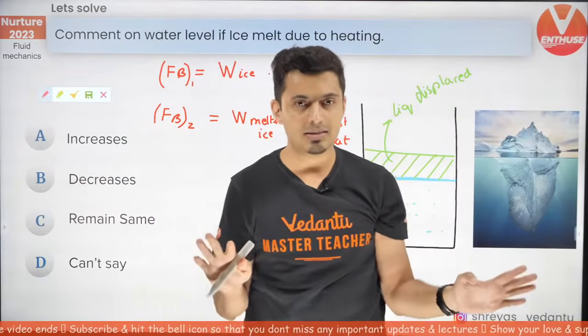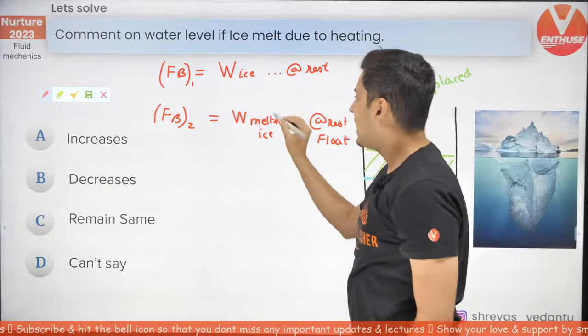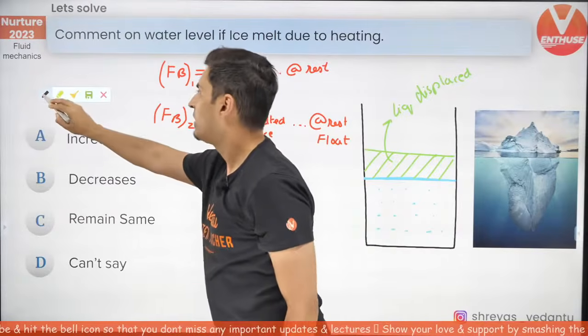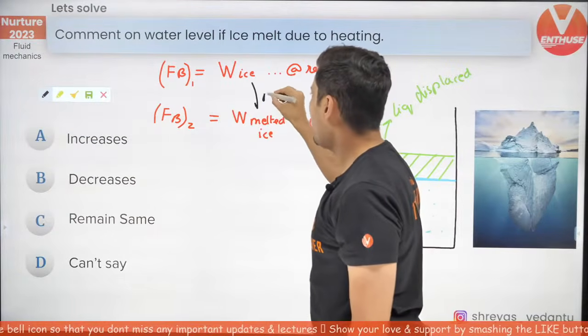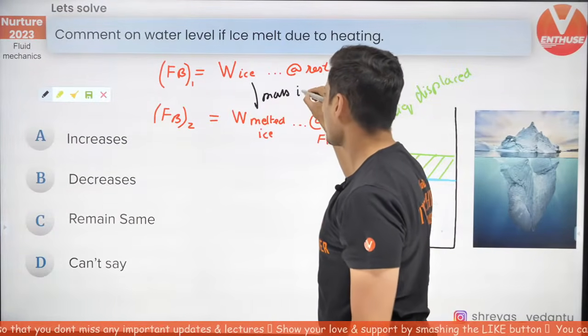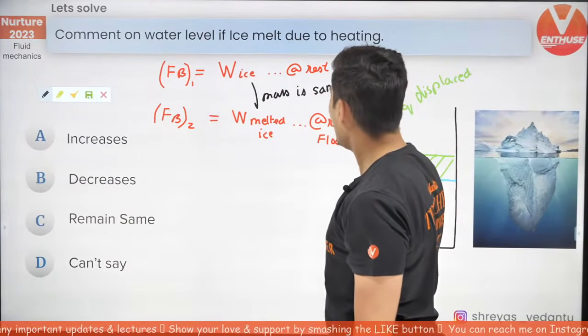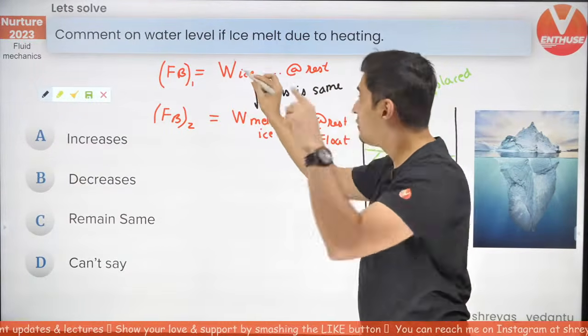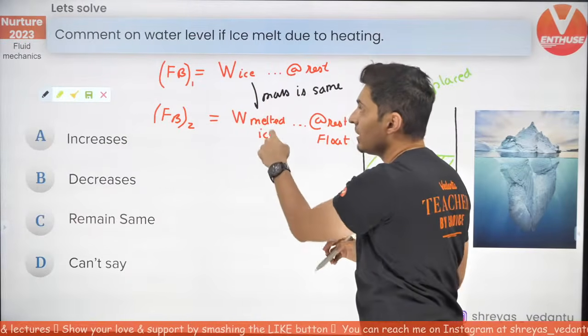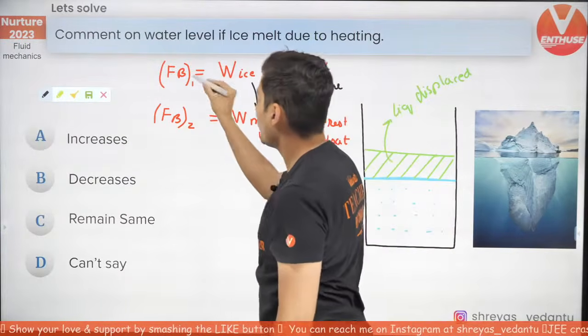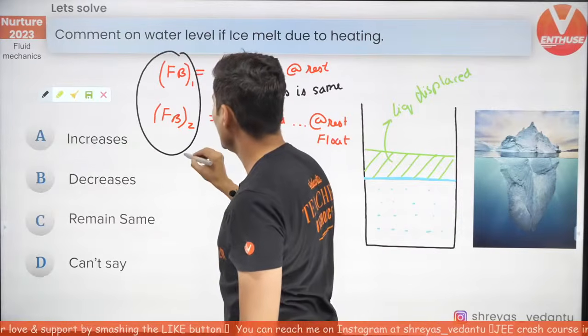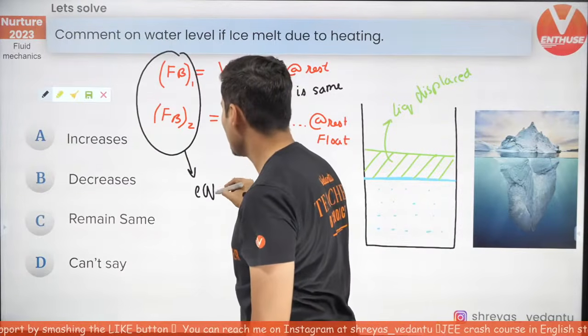Everybody agrees with this? But when ice melts into water, obviously the mass remains the same. If mass is same, weight is same. If weight is same, RHS is same. If RHS are equal, then what is equal? This is equal. Do you agree with this? This is also going to be equal.